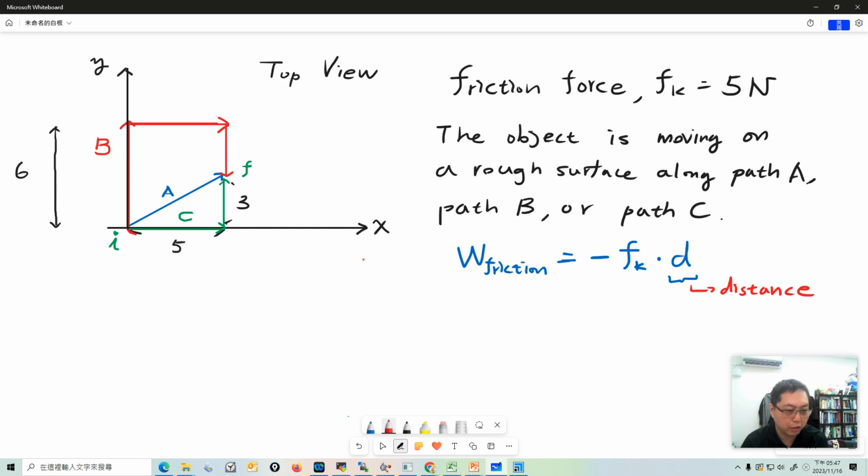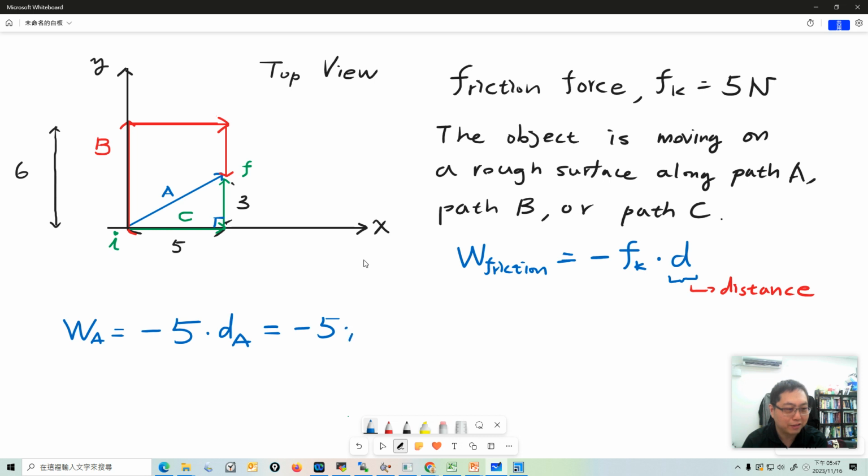If you understand this, this problem is very easy. Let's calculate the work done by friction in path A. It's minus 5 times the distance of A. Let's suppose this is a 90 degree angle here. What's the distance of A?